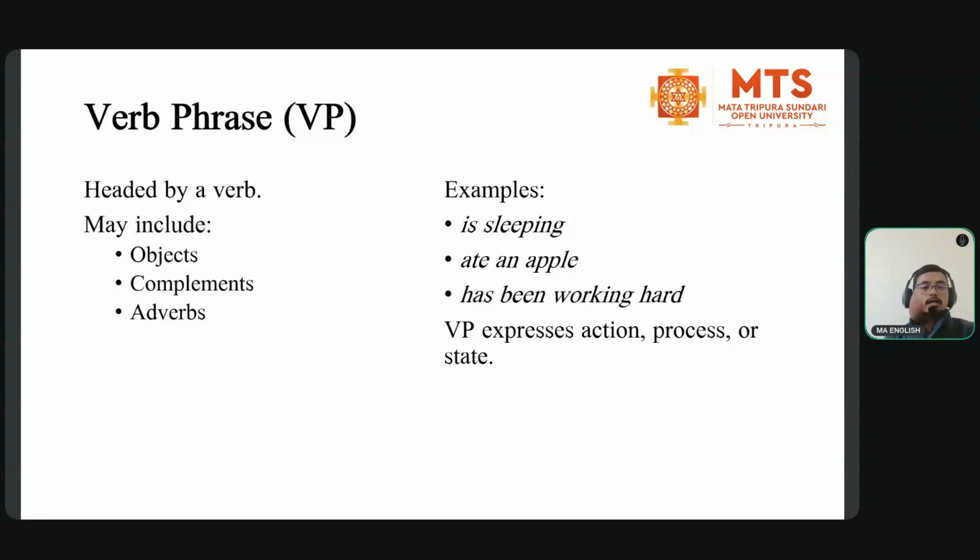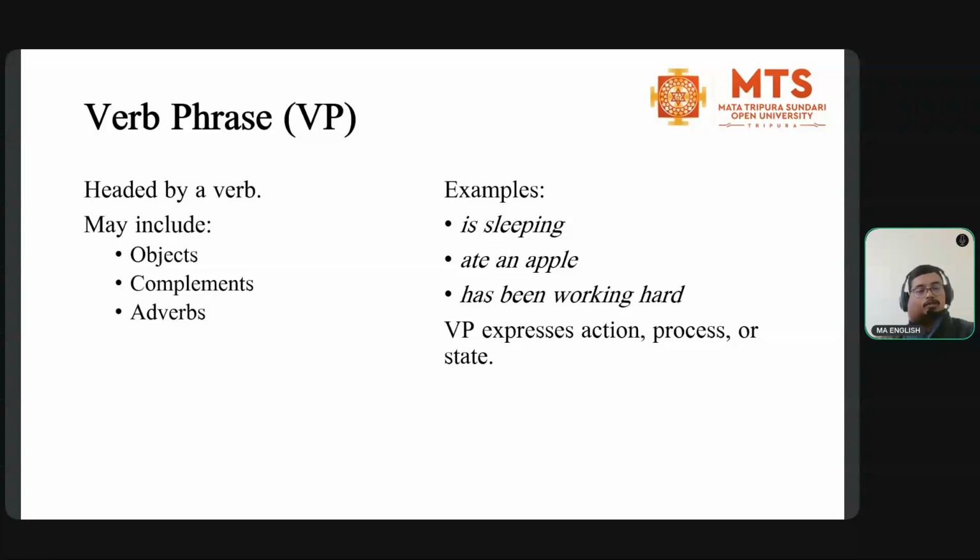Let's take an example. In the sentence, the child is sleeping, is sleeping is the verb phrase. In the sentence, she ate an apple, ate an apple is the verb phrase, and an apple is a noun phrase inside the verb phrase.